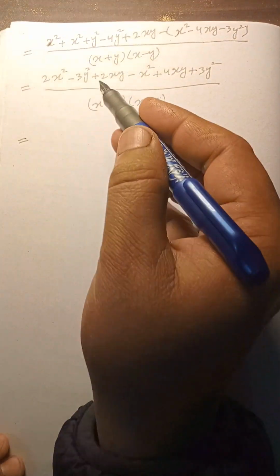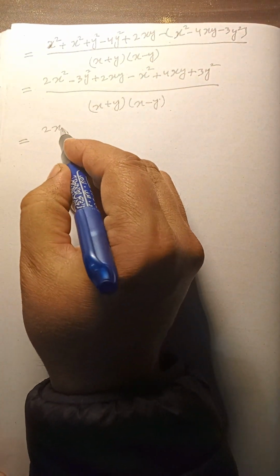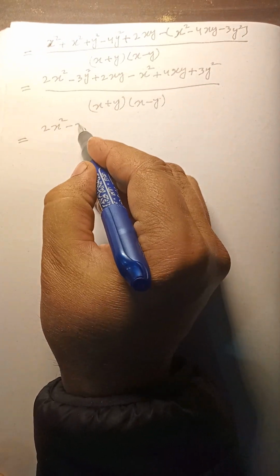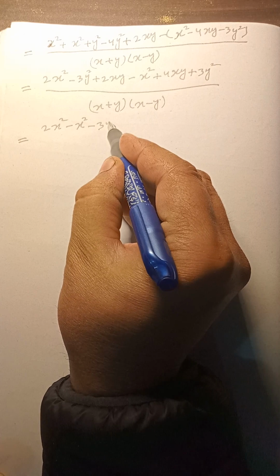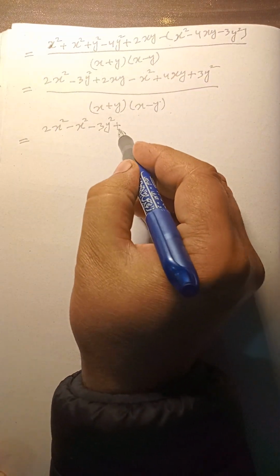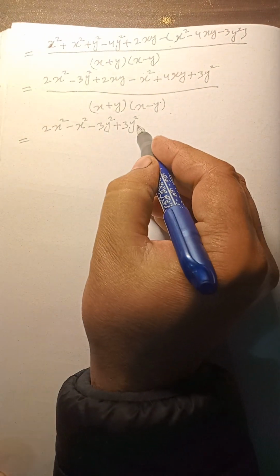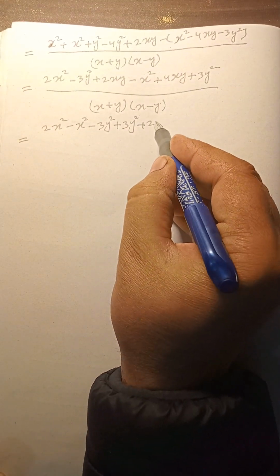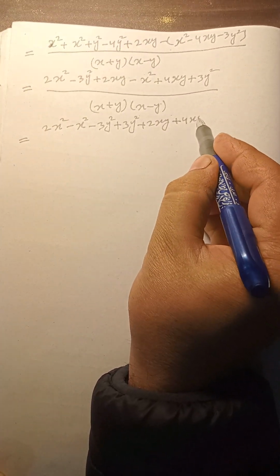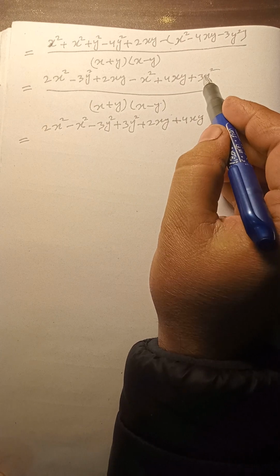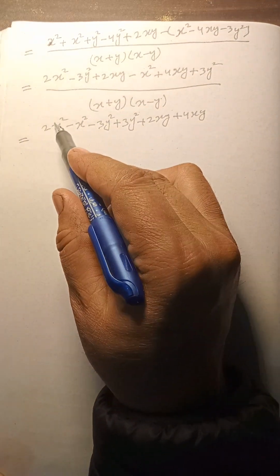And now you know that 2x square minus x square, this one, and minus 3y square and plus 3y square, same term, and plus 2xy and plus 4xy. Count the terms, 1 2 3 4 5 6.